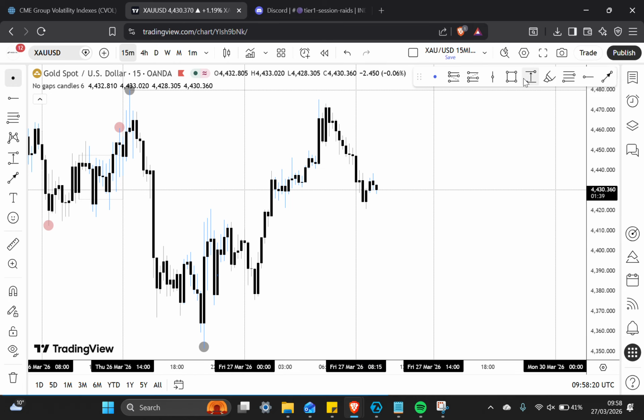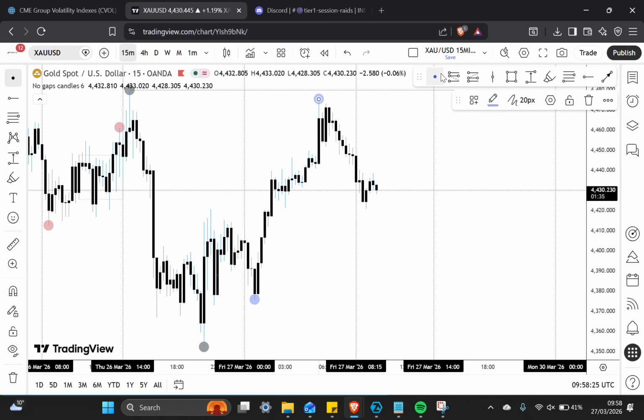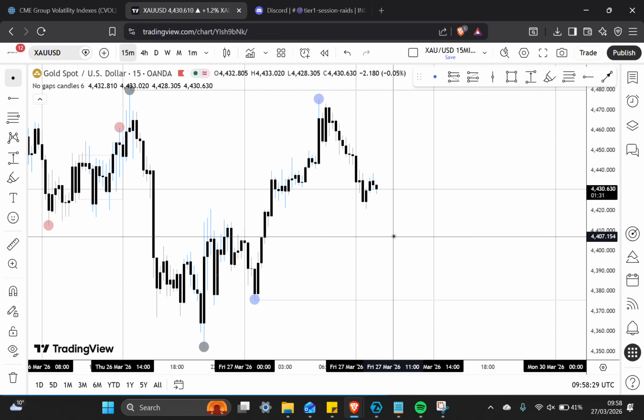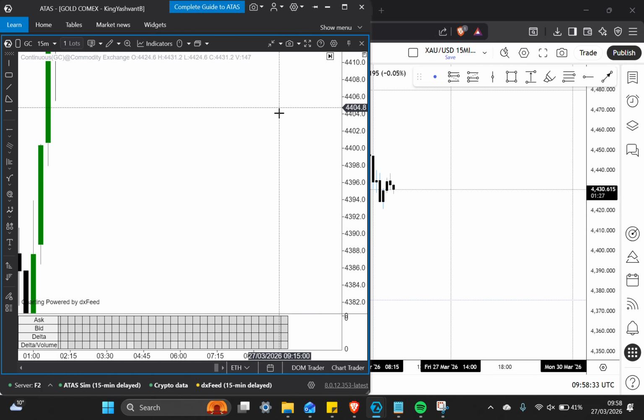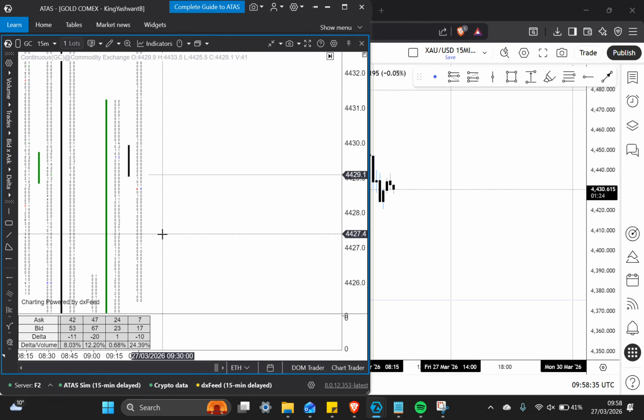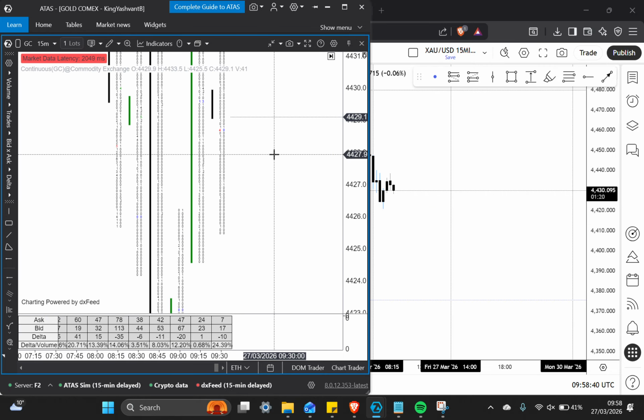Okay, I need to mark out Asia low and Asia high, and then the reference point for London to run into once delta is printed. We need to identify the conditions that we need to trade around, especially when it comes down to the footprint charts. I need to refresh this also.